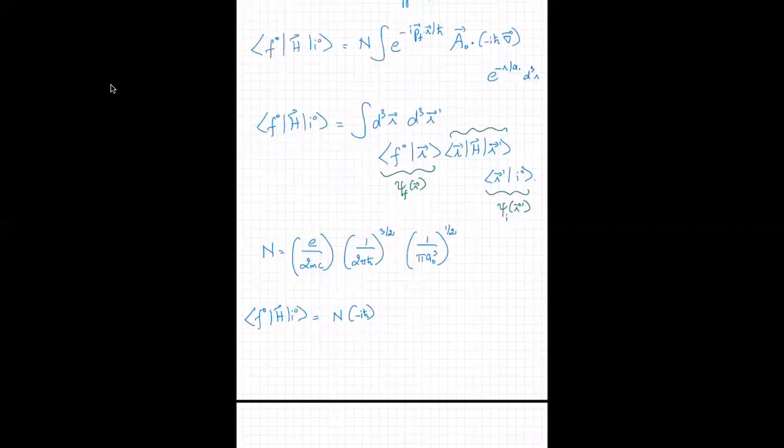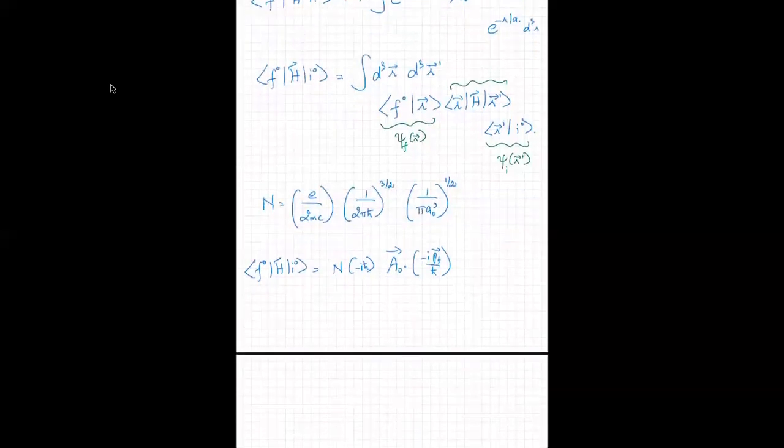So there is an A0 which I will pull out, dot minus i pf over h bar, which is the action of del on the left hand side. Of course, there is also another negative sign because I have done a partial integration and thrown away the surface term, times the integral d cubed r e to the minus i pf dot r divided by h bar e to the minus r over a0.